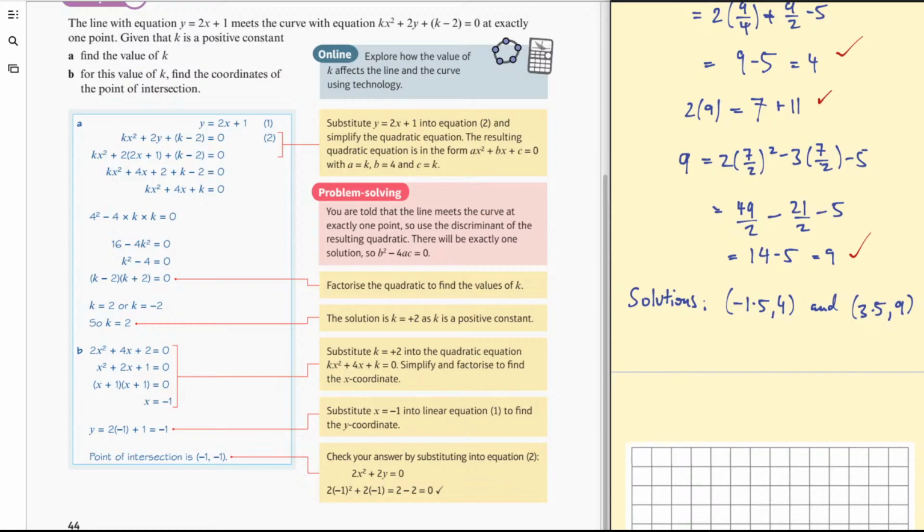Graphing simultaneous equations in the exams. Is there any examples? Is there any recent examples?